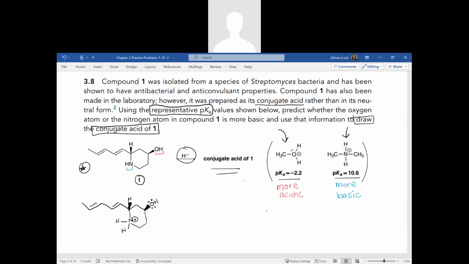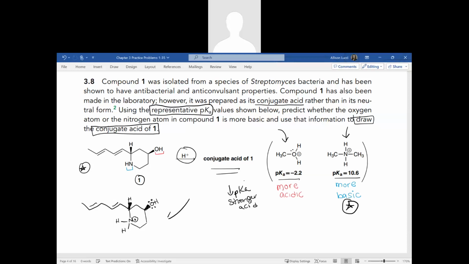That pKa is around 10.6. So if you remember the rules, the lower the pKa, the stronger the acid. So what we see here is that the nitrogen has a higher pKa value, so it's more basic, and that would be the site of protonation, and that would be how we can draw this conjugate acid.